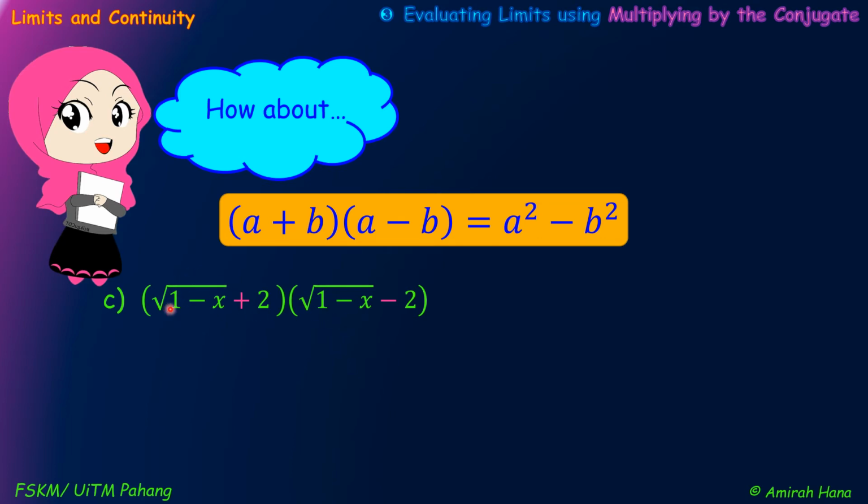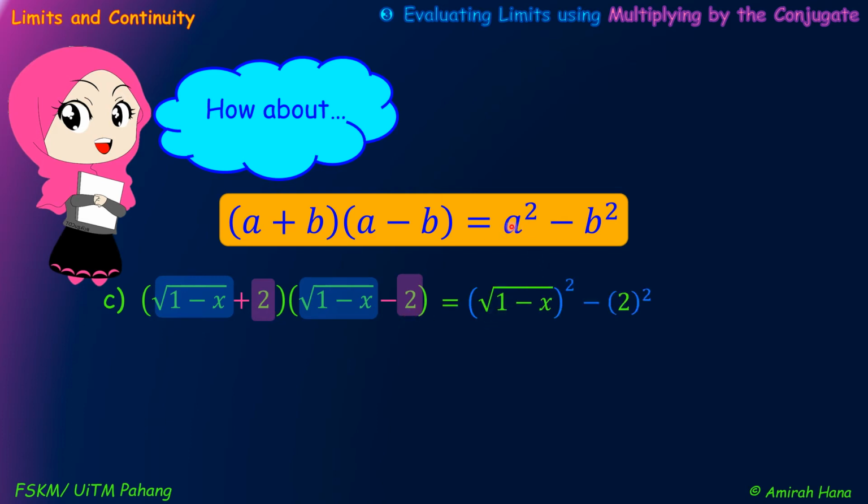This is the first term and this is the second term. We have the same term but in between we have opposite signs, which means we have multiplication of conjugates. When we multiply, we can use this formula.